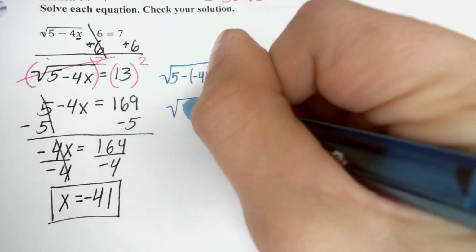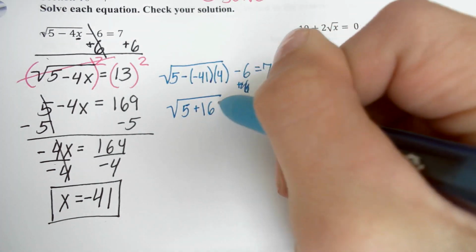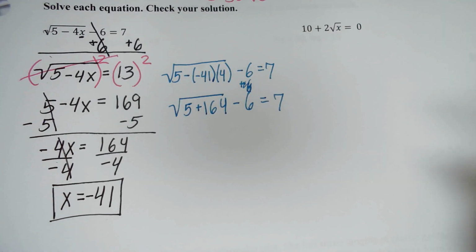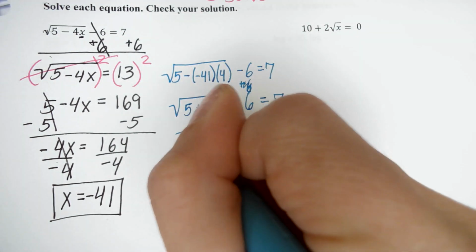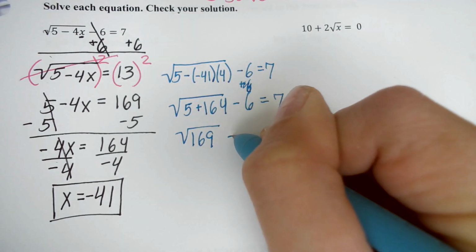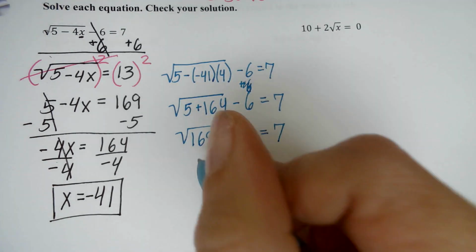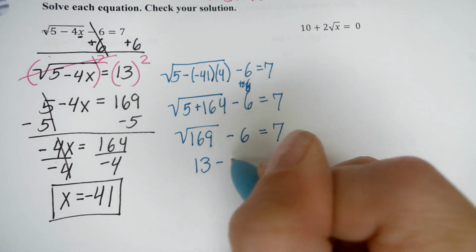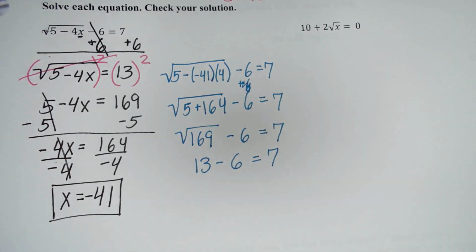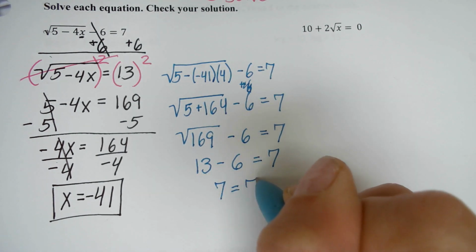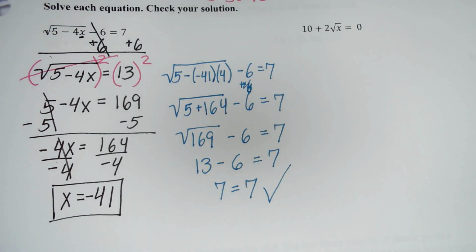So this will become the square root of 5 plus 164 minus 6 equals 7. 5 plus 164 is the square root of 169 minus 6 equals 7. And the square root of 169 is 13 minus 6 equals 7. Now if I do 13 minus 6, I get 7, and that's equal to 7. So I know that I have done my job correctly.